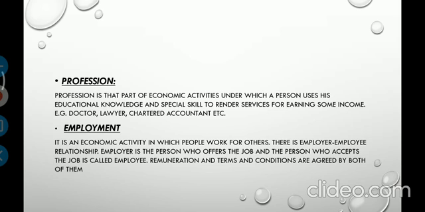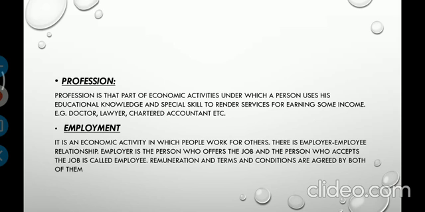So profession is all about using educational knowledge and special skills for rendering services, and in exchange earning money. Earning money is important because it is an economic activity. The money aspect must be involved. If I am teaching for my own satisfaction and I am not charging any money from you all, that would be a non-economic activity, and that would not be considered a profession.